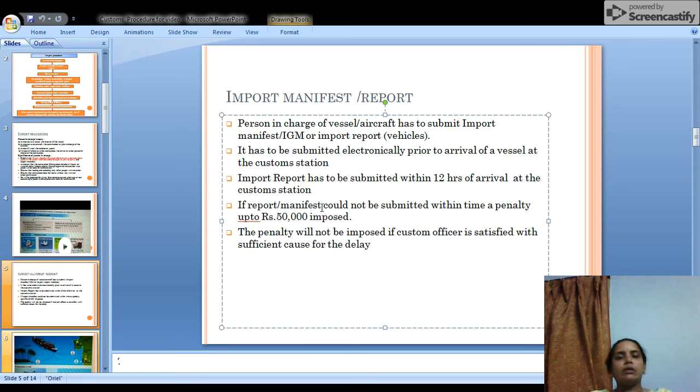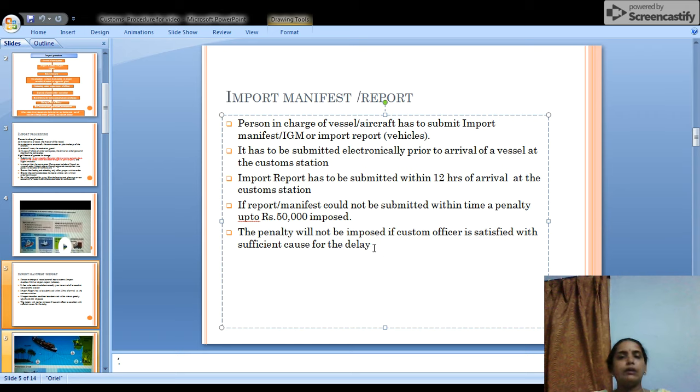If the report is not submitted within the time, a penalty of up to 50,000 is imposed on the person in charge of the vessel. The penalty will not be imposed if the customs officer is satisfied with the sufficient cause for the delay.